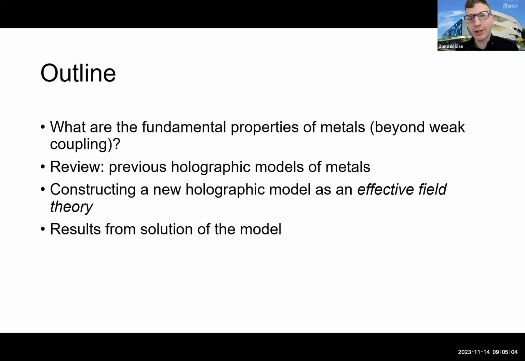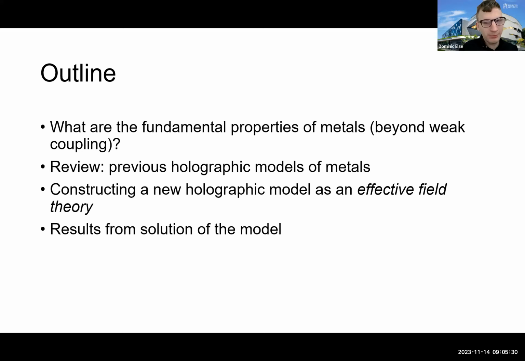In the rest of the talk, I want to follow this outline. I will start by reviewing what the most fundamental properties of metals are that we want to be able to capture through any model of a metal, whether it be holographic or any other kind of model. Then I will review the previous discussions people have made in the literature about holographic models of metals and discuss some potential drawbacks of those models.